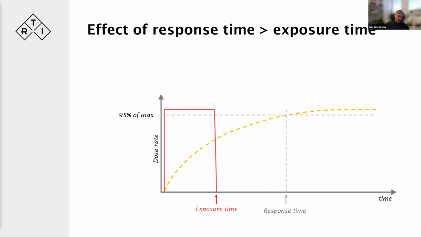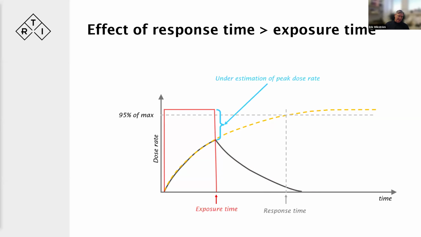How does that affect the measurement? The reading will grow according to the response time curve. But when the exposure stops, it will reduce. There's no radiation to make the reading rise, so it will taper off and go back to zero.